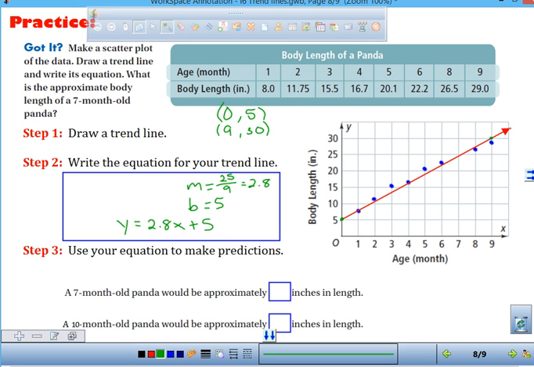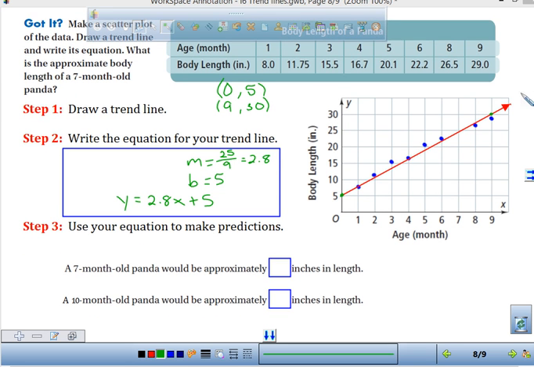Okay, now, again, I want to know how much a 7-month-old panda would be in length. Why am I putting 7 in for X? Why not for Y? Age is on the x-axis, so I take my age and I substitute it for X. So we're going to do 2.8 times 7 plus 5.